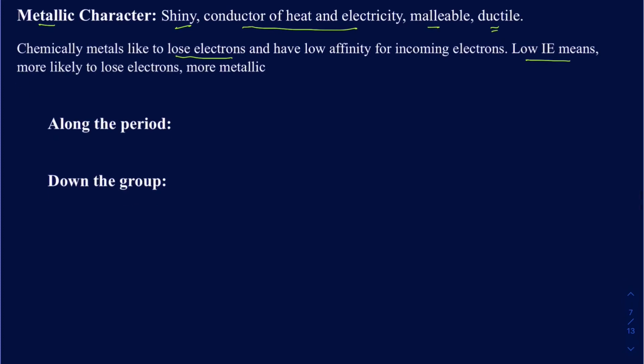So based on these two principles, metals should have low electron affinity and low ionization energy. We can clearly say when you go along the period from left to right, your metallic character decreases. And it would probably make sense because on the left side of the periodic table we have a lot of metals, but as you move to the right side we are putting a lot of non-metals in there.